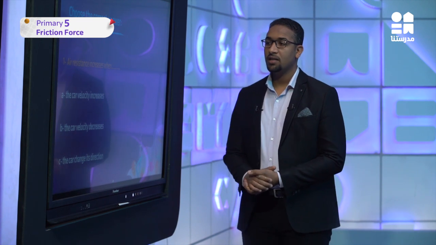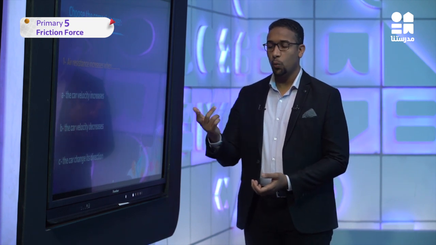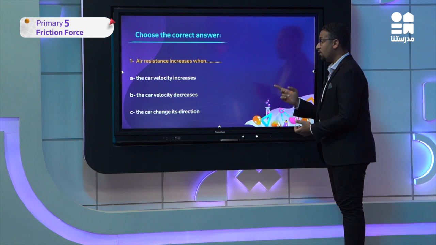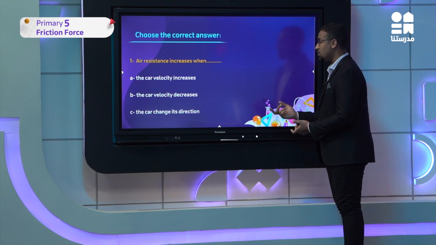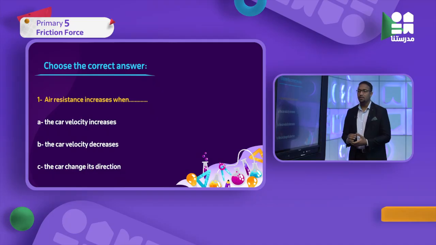Choose the correct answer. Air resistance increases when the car velocity increases, or car velocity decreases, or the car changes its direction. Many of us may not know what the word velocity means. What's meant by velocity? Velocity is a synonym to speed, the same as speed. So the car speed increases, or the car speed decreases, or the car changes its direction.